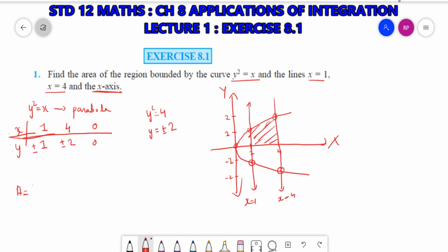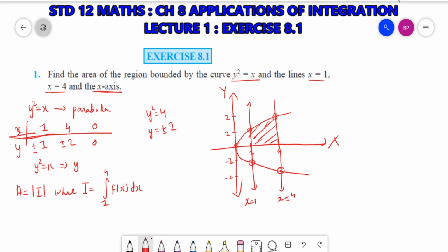So A will be equal to the modulus of I, where I is equal to the integration from 1 to 4 of f of x dx. We know that y is equal to f(x). So here y square is equal to x.